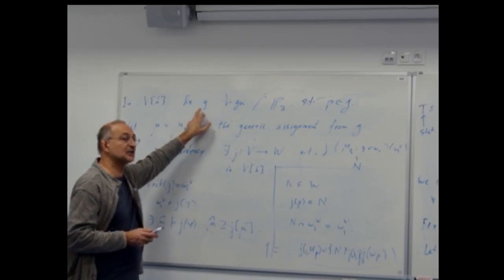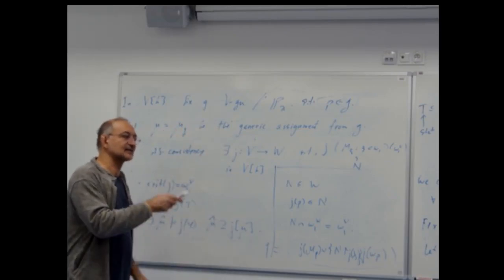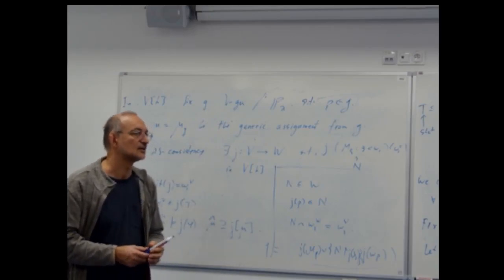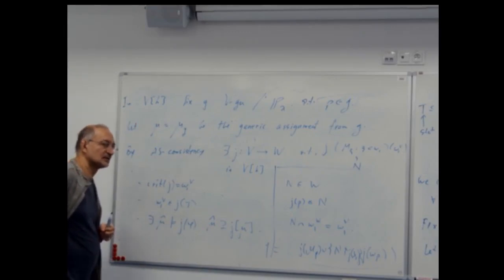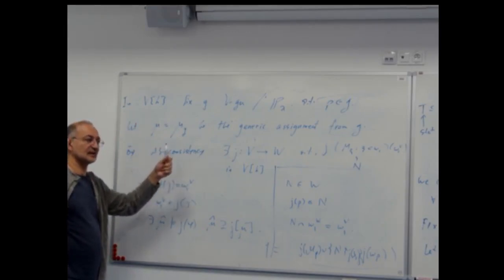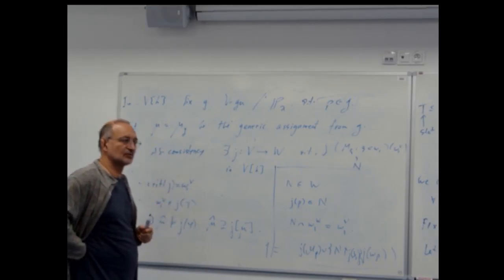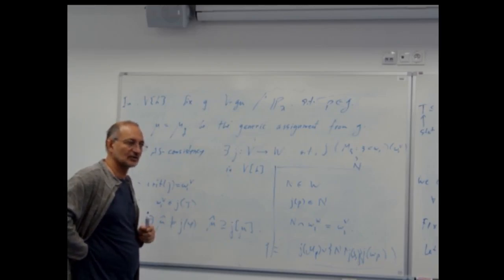So for the first type of clauses you use mu hat, and for the second type of clauses you use G.